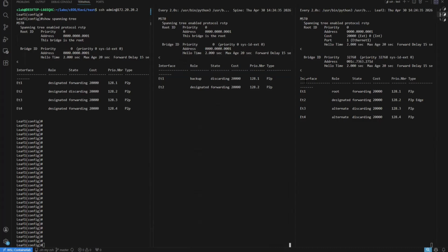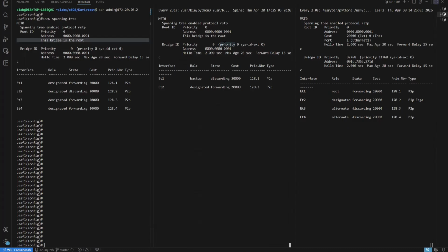The reason that ET1 on spine became the backup is because leaf one has the original lowest MAC address. So even though both leaf one and spine have the same 0 priority and lowest MAC address, the actual MAC address of leaf one is the lowest.